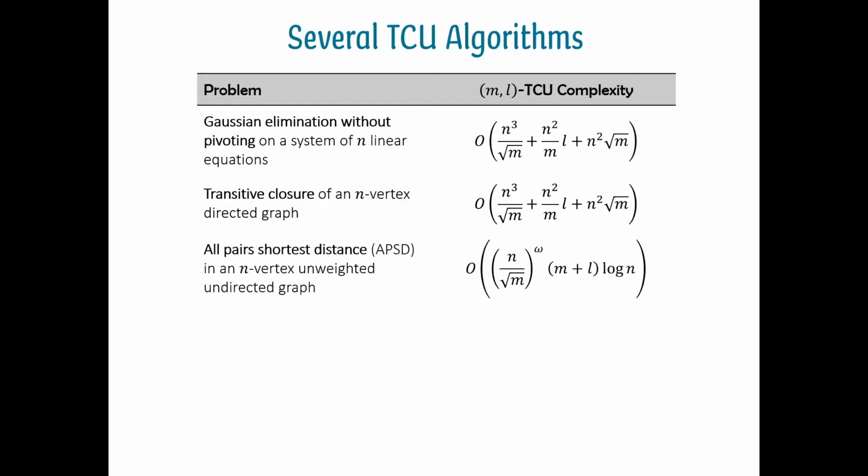And all pair shortest distances. You can do all pair shortest distances using matrix multiplication type computation if you do min plus, but we do not support min plus. So that's why we cannot do the standard repeated squaring algorithm that computes all pair shortest distances in log n time. We cannot use that.